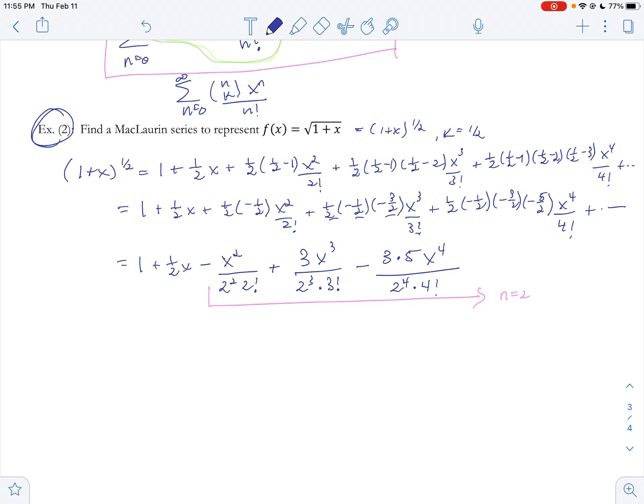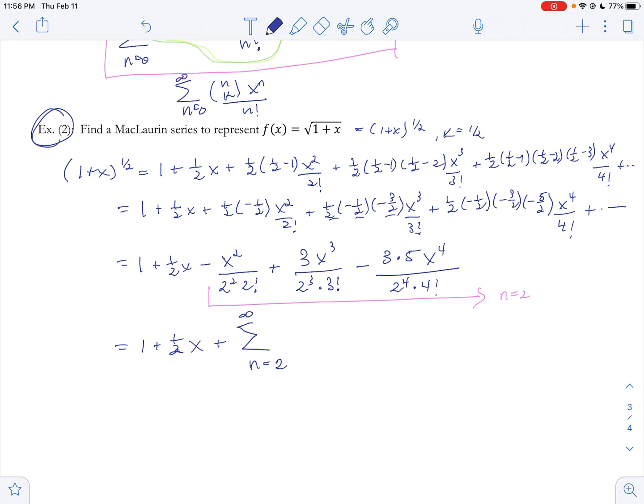So what we can do is write our summation omitting the first two terms. And then from there, we're going to get plus the sum from n equals, and now since we skipped the first two terms from our summation, we're going to start at 2. So we're going from 2 to infinity.